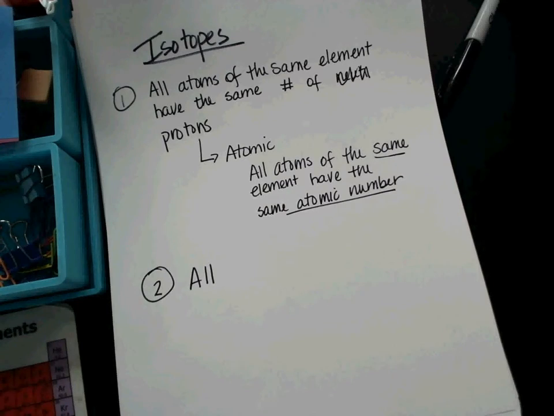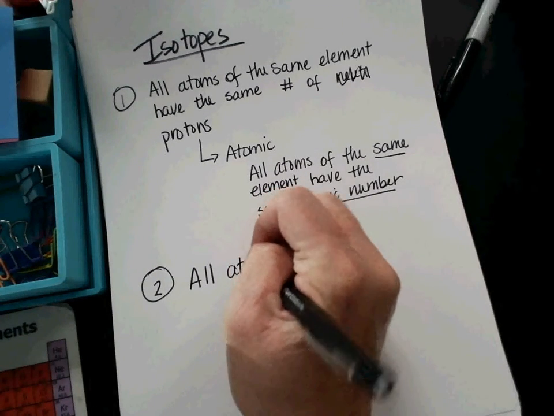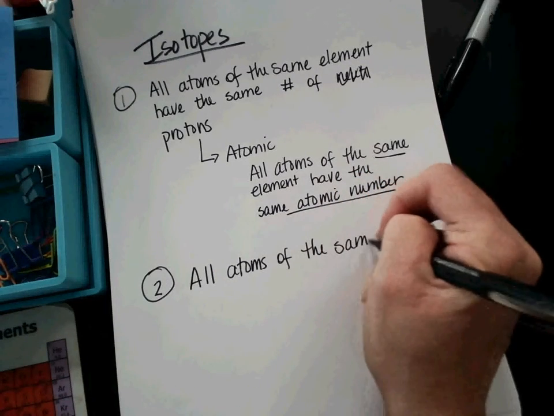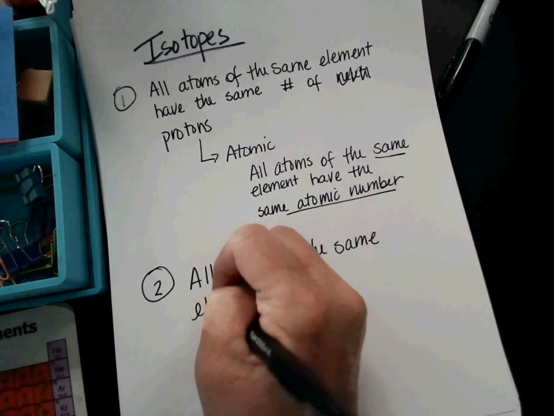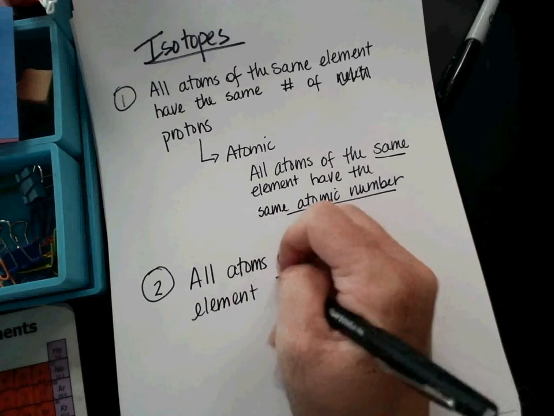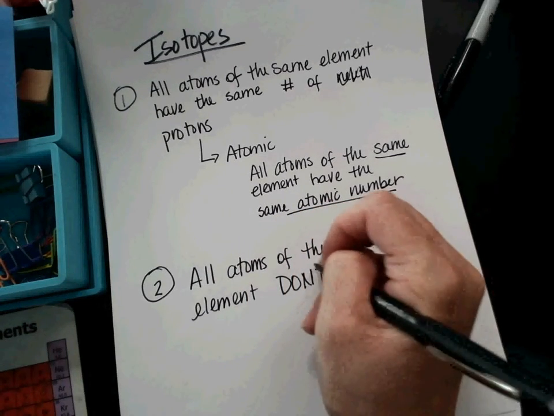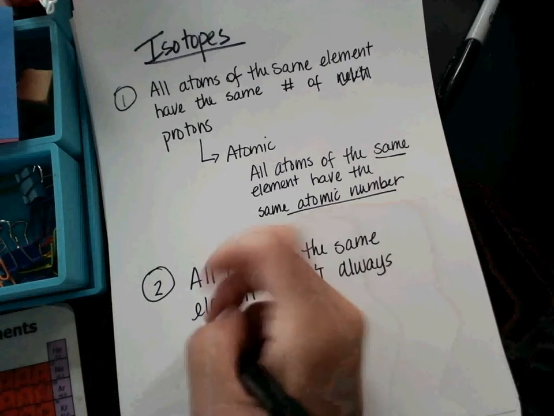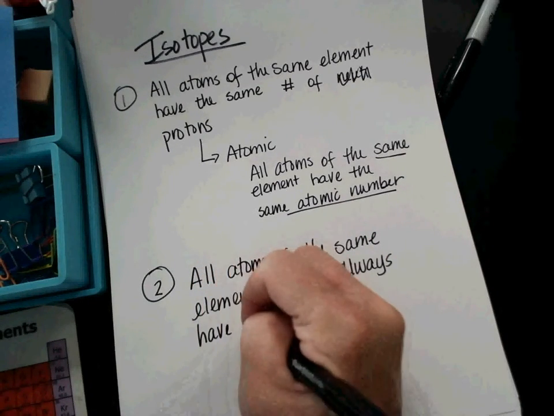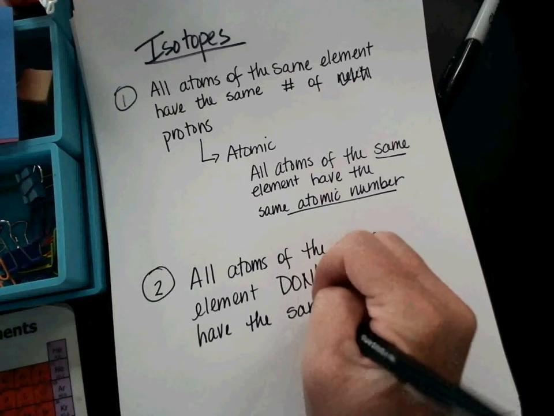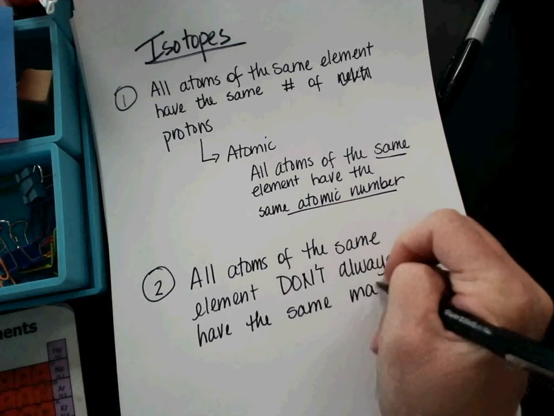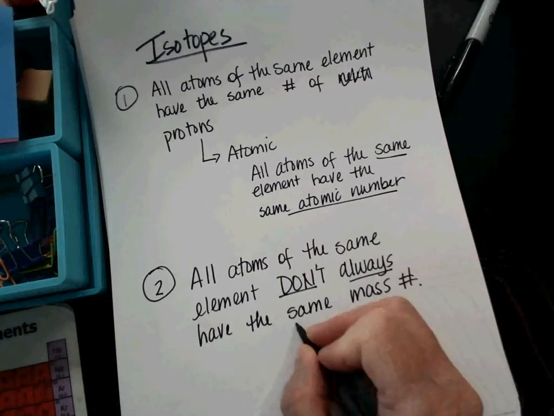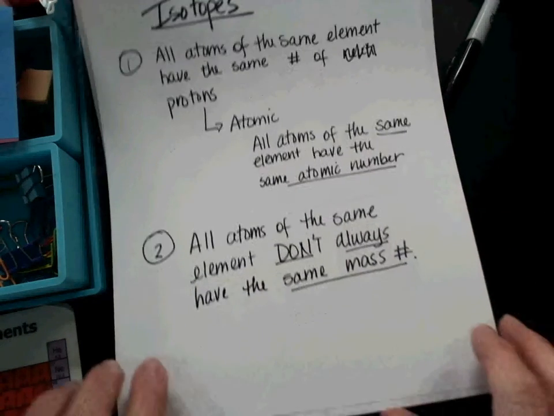Second thing we have to remember, all atoms of the same element don't always have the same mass number. So they don't always have the same mass number.